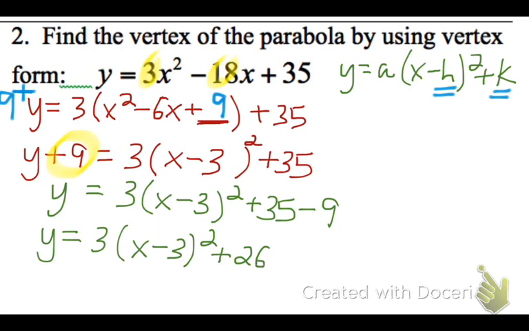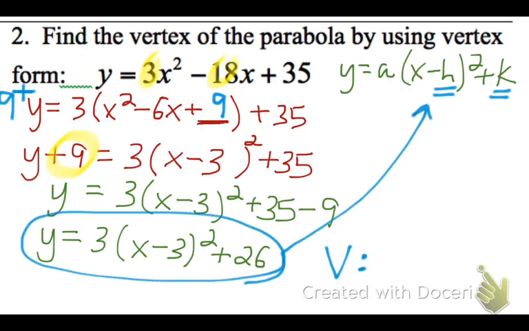Sounds pretty good. If I did everything right, this is now in vertex form, which is that up there. So our vertex would be positive 3 comma 26. It looks like that one's all done. Let's look at the next one.